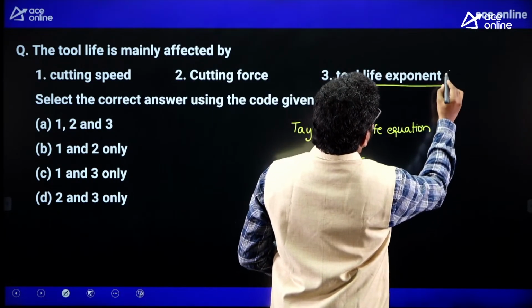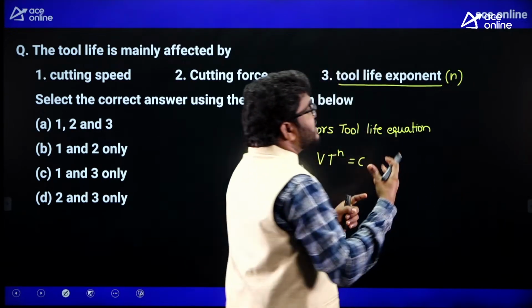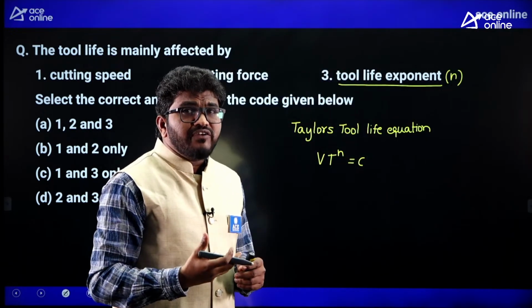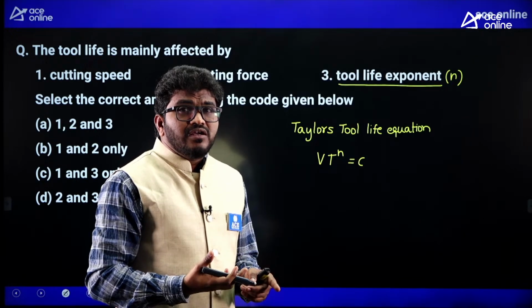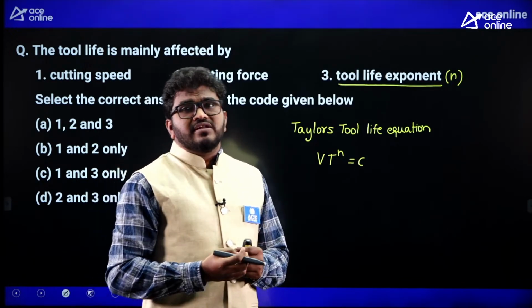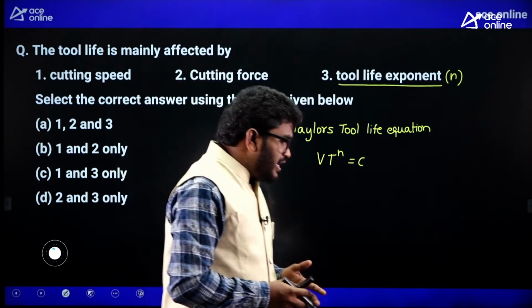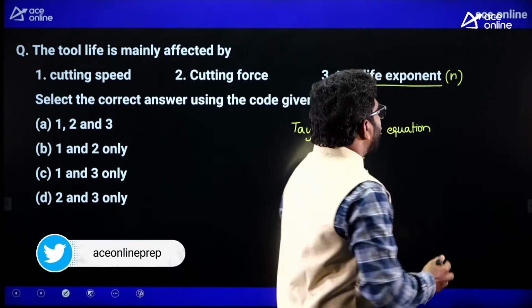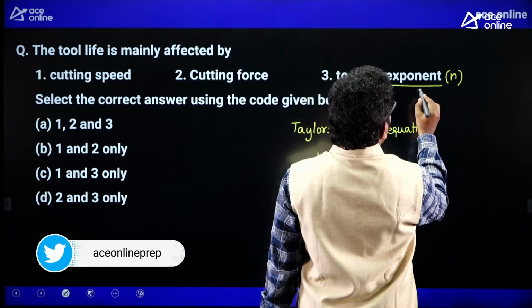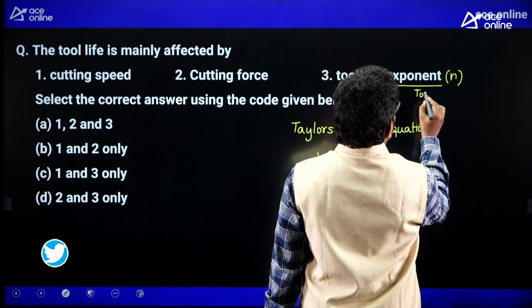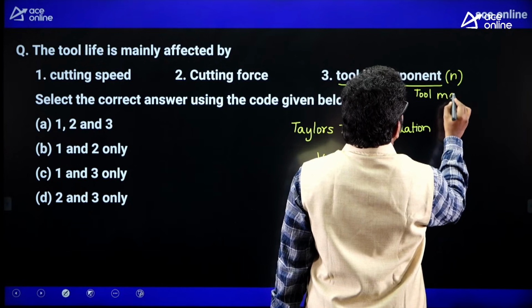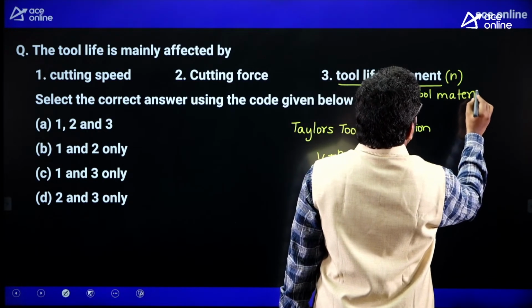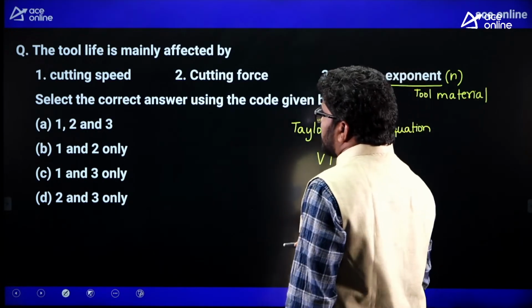See, remember, tool life exponent. Exponent of what? Tool life exponent of tool material or workpiece material? Tell me which one. Exponent of tool material.